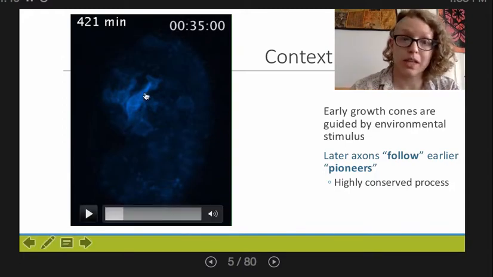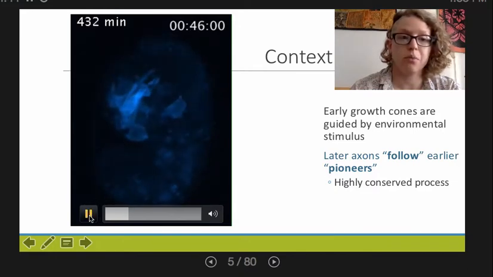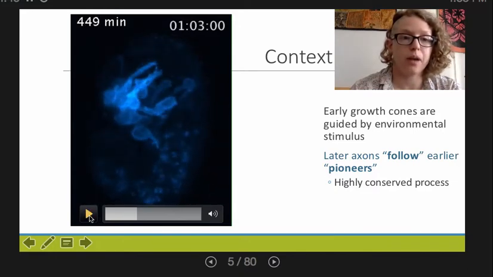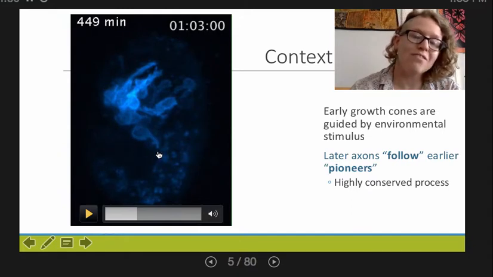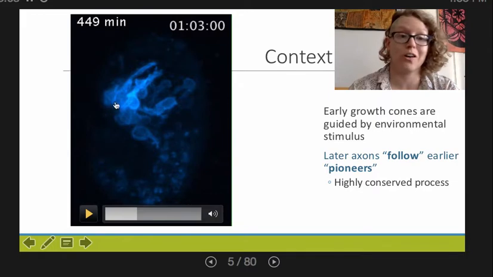So all these blue cells are neurons. And here's the brain developing, and I'm going to pause it right here because this guy is our AVG cell. This is that first extending axon. This is its growth cone, and it's going to extend down here where the future ventral nerve cord is. And note there's no other neurons in the neighborhood.